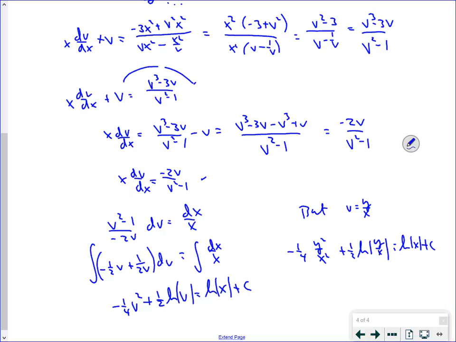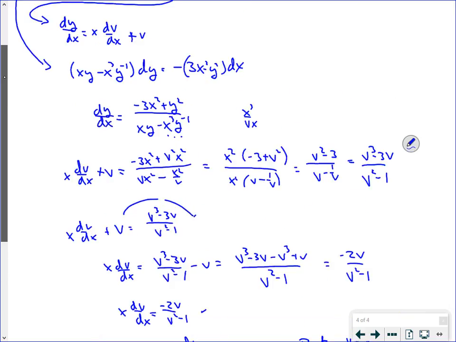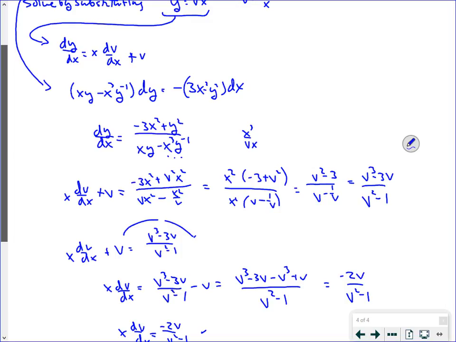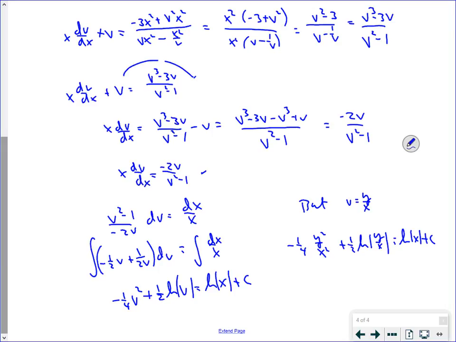Okay, log x plus c, that looks good, but the y over x doesn't match. I have to go back and see here. I don't know where I messed up. Since I really did get a separable equation, I have a feeling I didn't mess up before I got there.